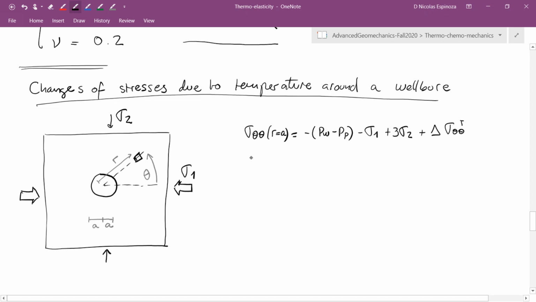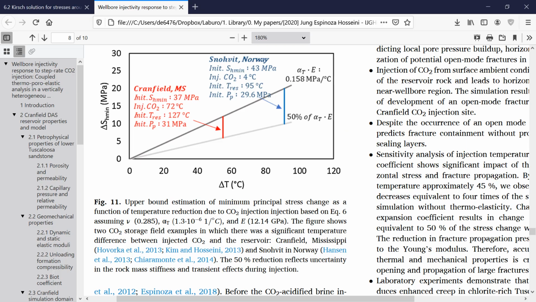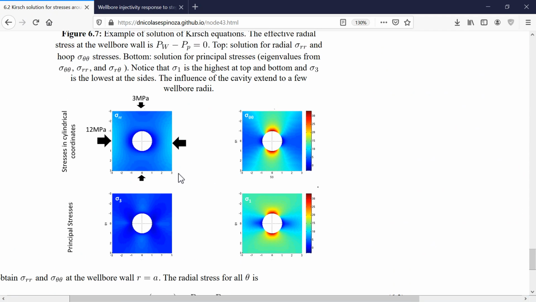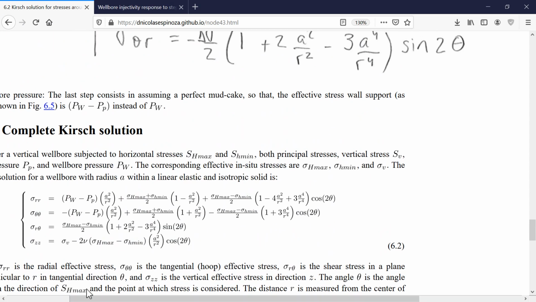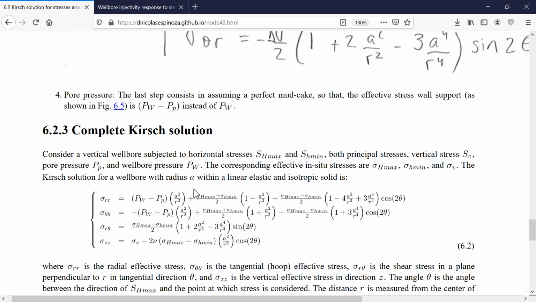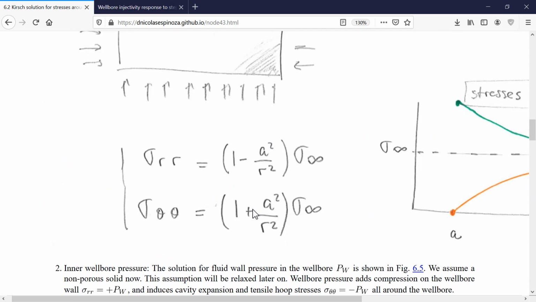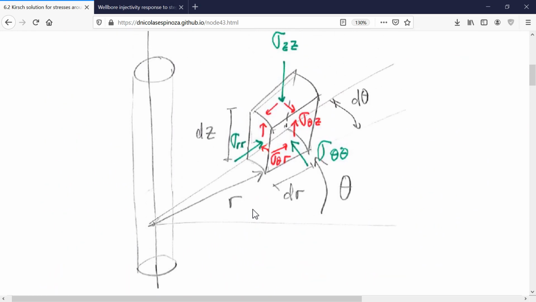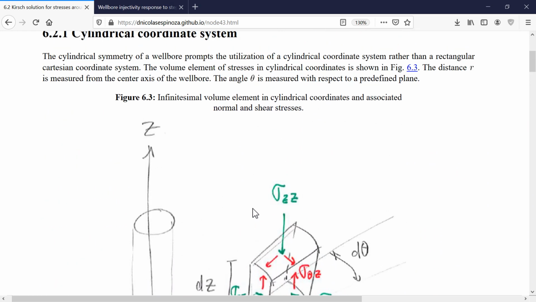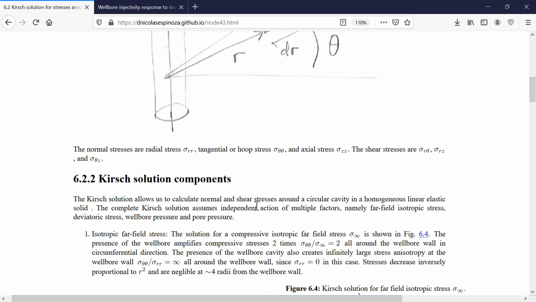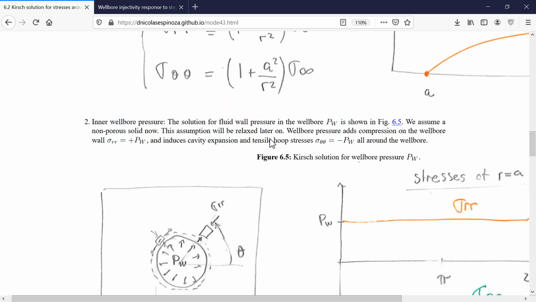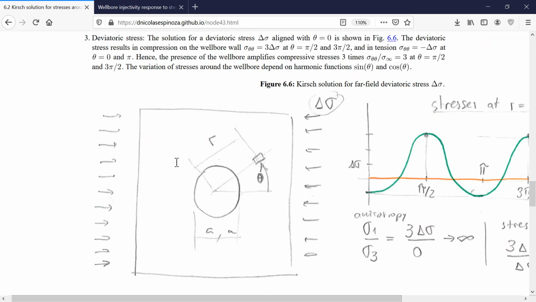The equations for sigma theta theta and sigma RR, you can find them here in my notes, let me move this over here. The entire chapter 3 is about wellbore stability, and if you go to the Kirsch solution, you will find a development of all those stresses.